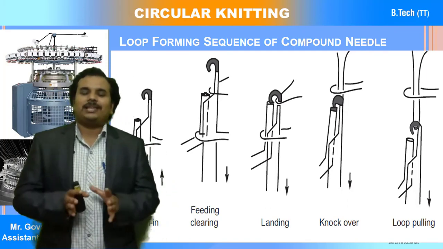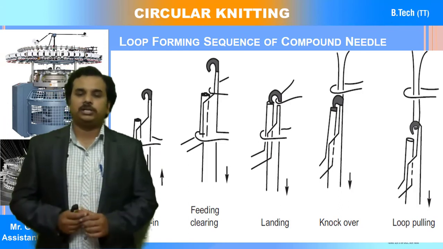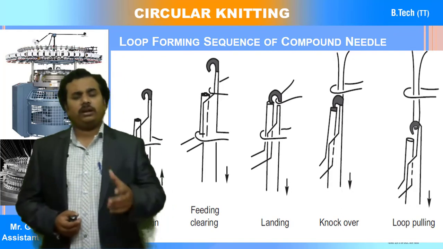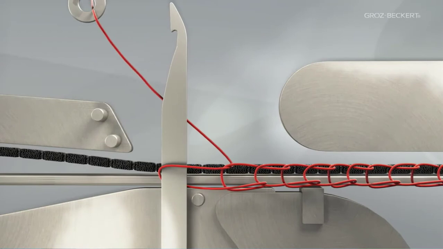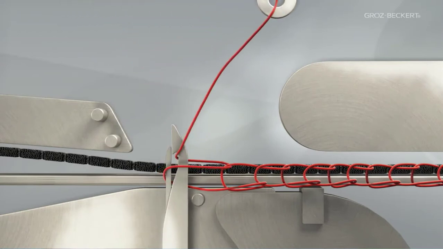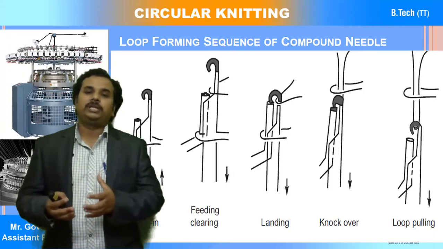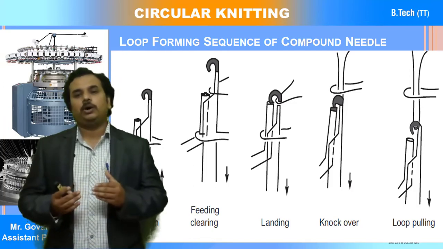So these are the 3 different types of needles or sequences of needles which are generally used in the knitting process. Now you can observe a small animation on compound needle loop formation, showing how the closing element traps the yarn between the closing element and the hook part of the needle.